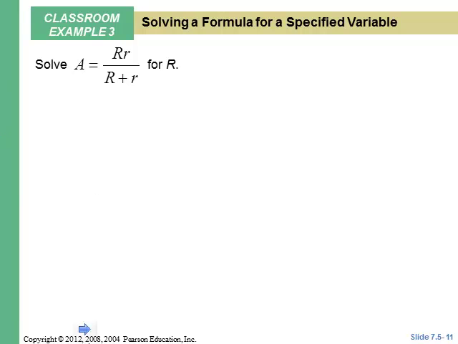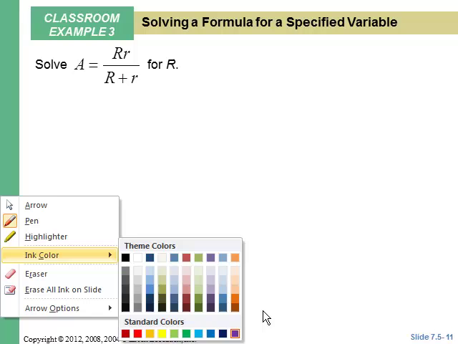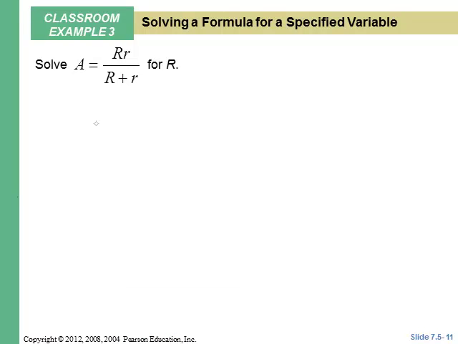Next one. This time they want you to solve for R. So let's multiply both sides by R plus r. We have AR plus Ar equals capital R, small r. Subtract Ar from both sides.